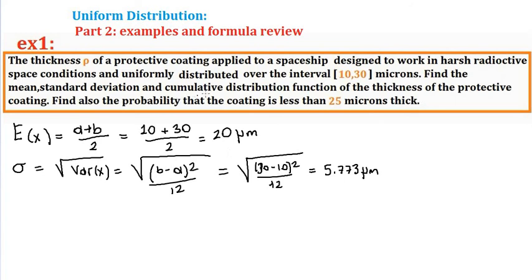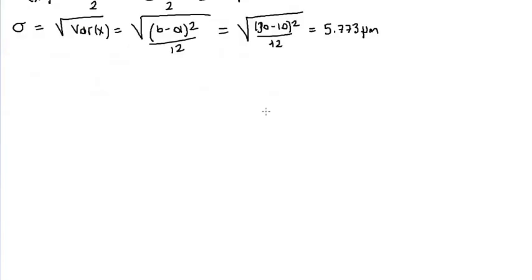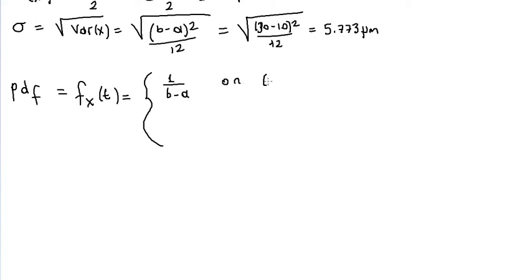Now let's find the cumulative distribution function. Before that, I would like to rewrite the PDF, the density function. The density function of uniform distribution is 1 over b minus a on the interval a comma b, and 0 otherwise.